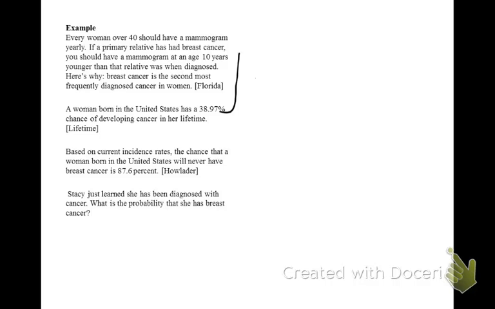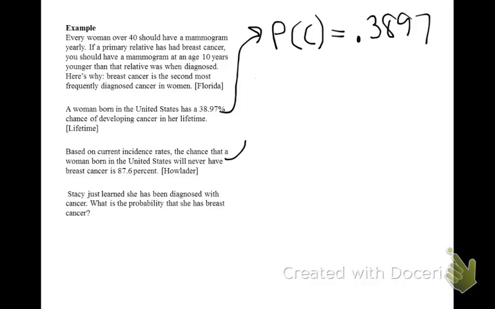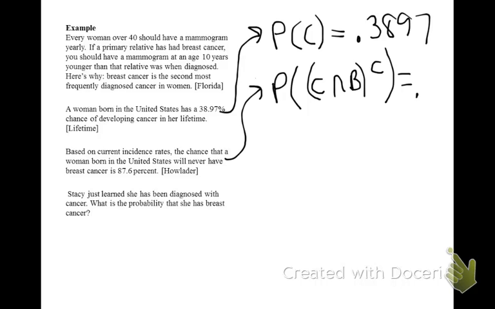Let's assign some notation here. The probability that a woman develops cancer as a decimal is 0.3897. Based on current incidence rates, the chance a woman born in the United States will never have breast cancer is 87.6%. We're basically saying the probability that you do not have breast cancer is 0.876.